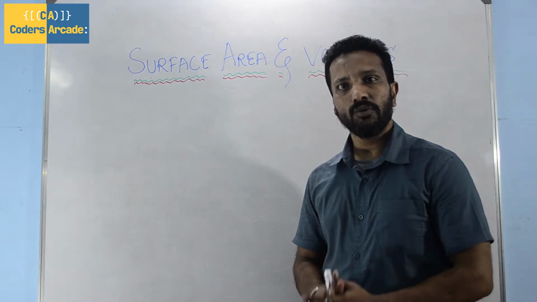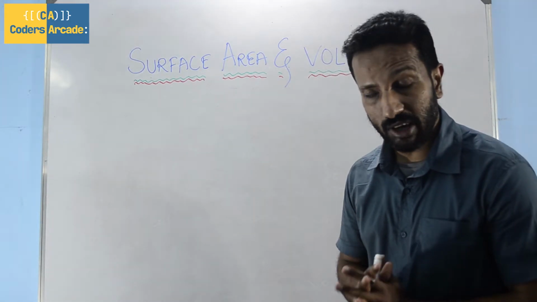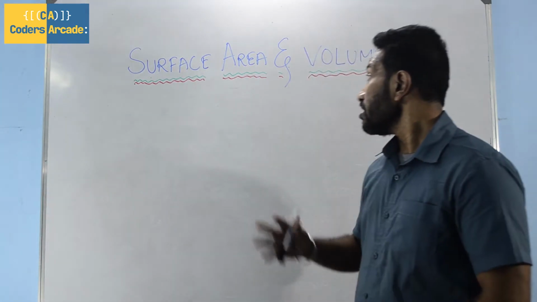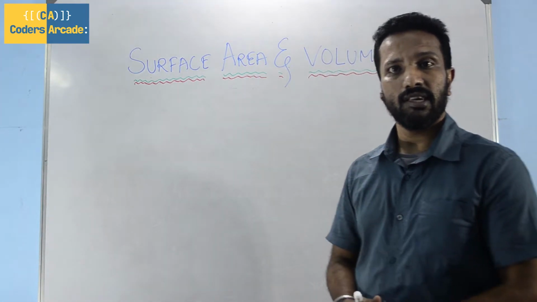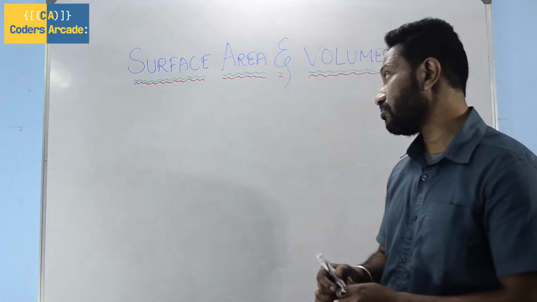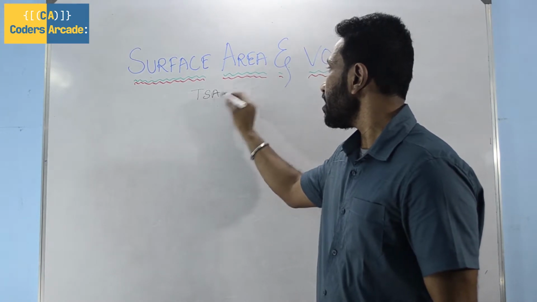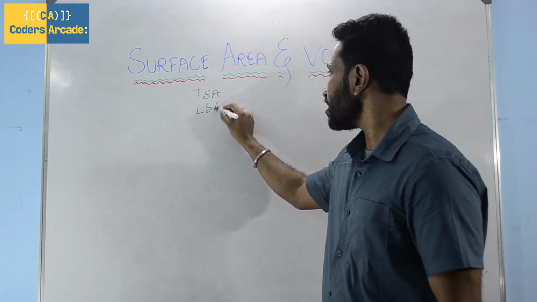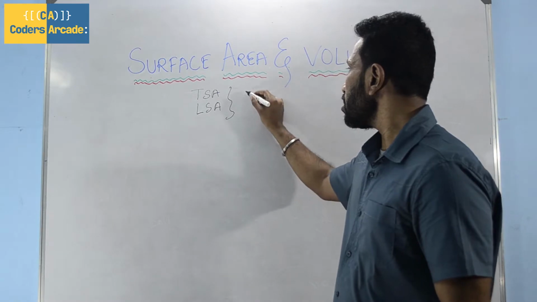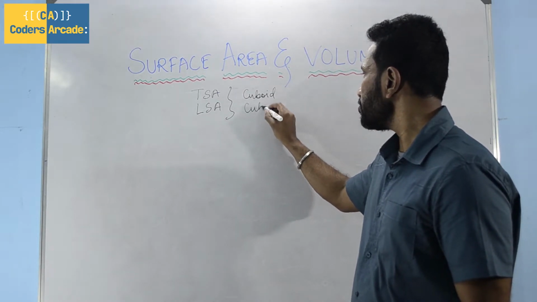In this session, we will be learning about a new topic, which is how to derive the formula for the volume of a cylinder. In our earlier videos, we learned how to derive the total surface area and also the lateral surface area of a cuboid and also a cube.